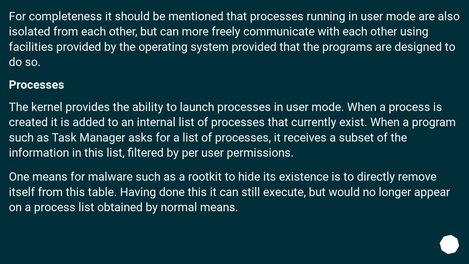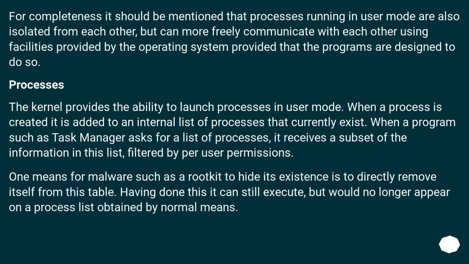Processes. The kernel provides the ability to launch processes in user mode. When a process is created, it is added to an internal list of processes that currently exist. When a program such as Task Manager asks for a list of processes, it receives a subset of the information in this list, filtered by per-user permissions. One means for malware such as a rootkit to hide its existence is to directly remove itself from this table.